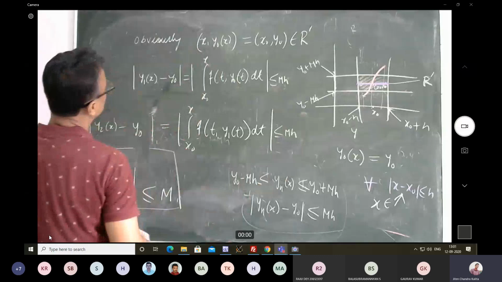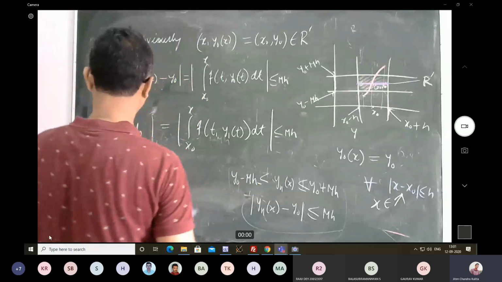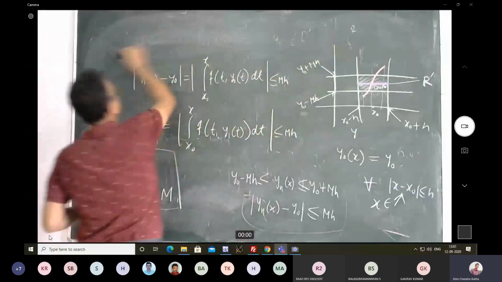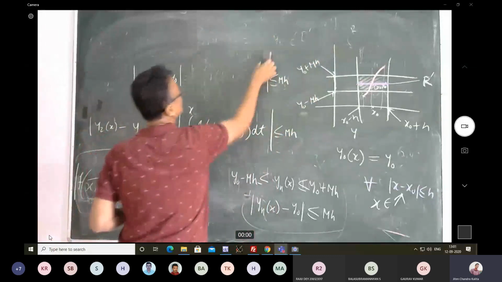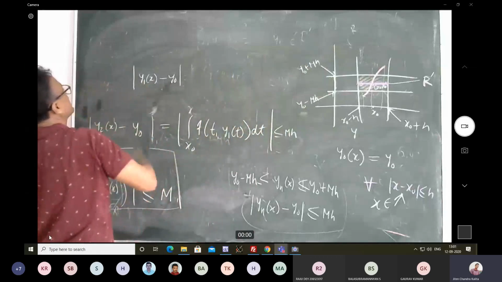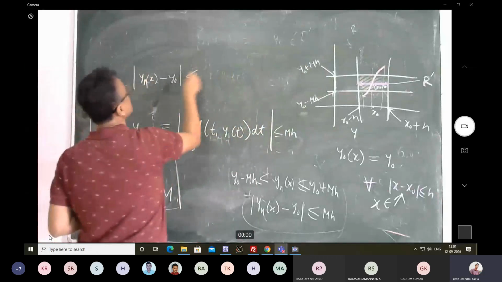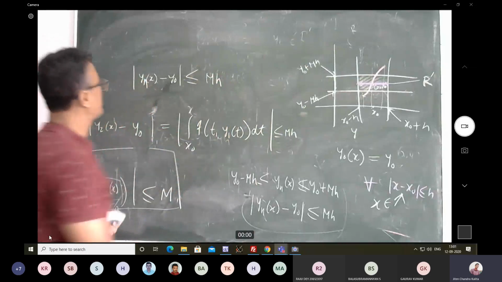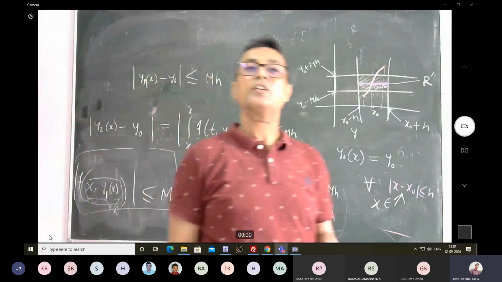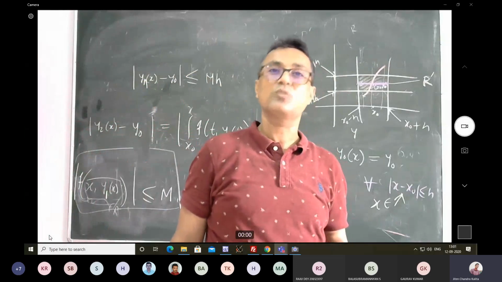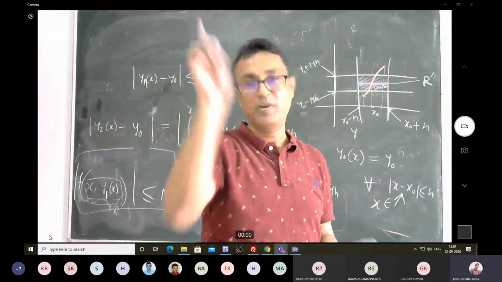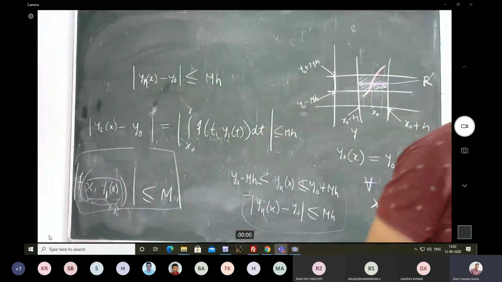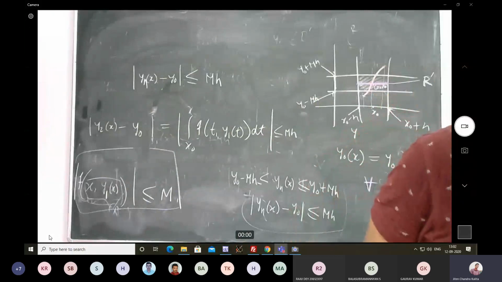I'm happy that you guys are concentrating really hard on the blackboard. So from here, obviously, I can conclude that this is less than or equal to m h, so that all the sequences under consideration belong to that rectangle R prime. So that part we have proved.